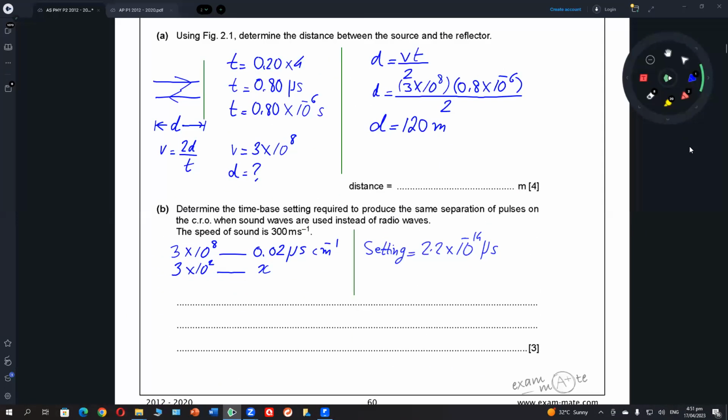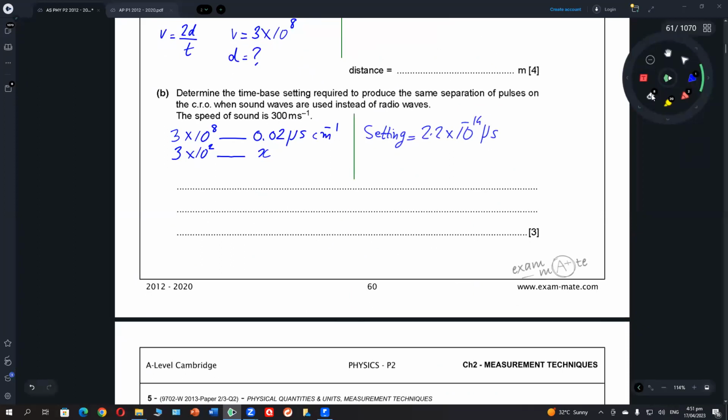I made a mistake. It's 0.20. It's not 0.02.